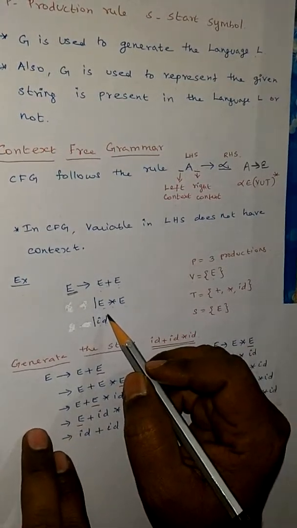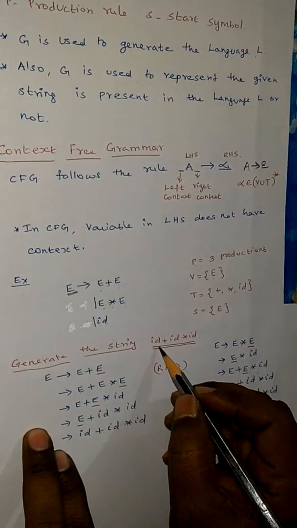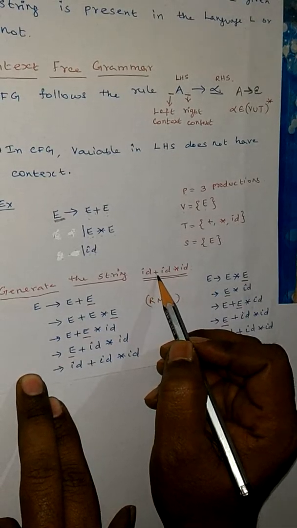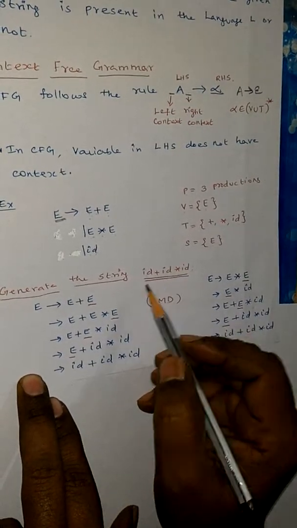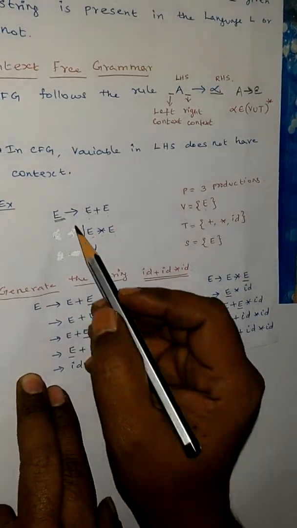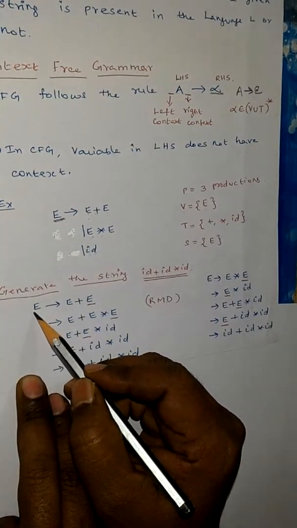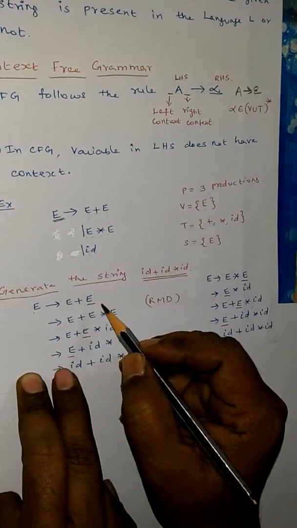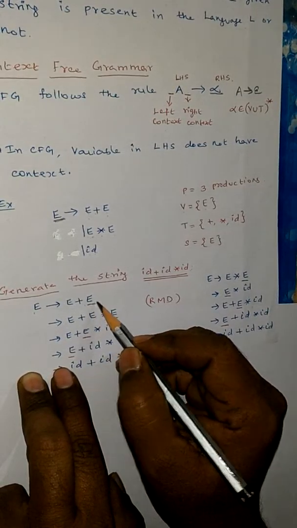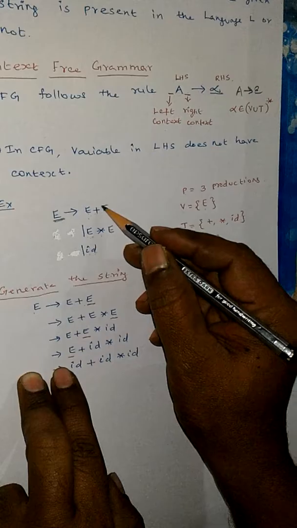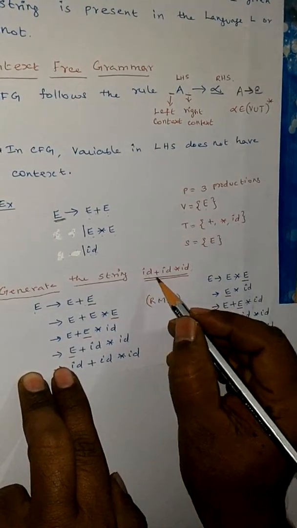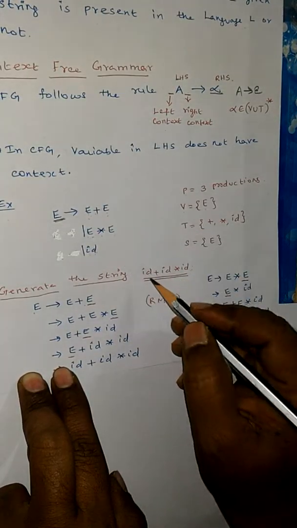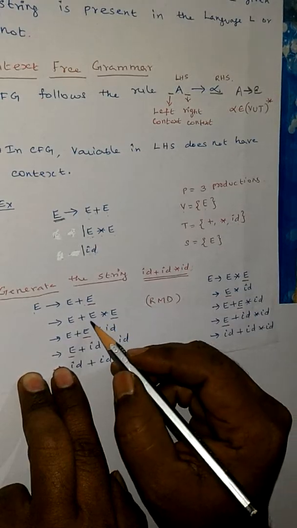From this we can construct an input string, for example, ID plus ID star ID. Here we can generate the string from the start symbol E. From the start symbol E, we take the production E plus E. In this E plus E, we can substitute any of these productions to form this string, and whenever we substitute these productions, it should match the input string.